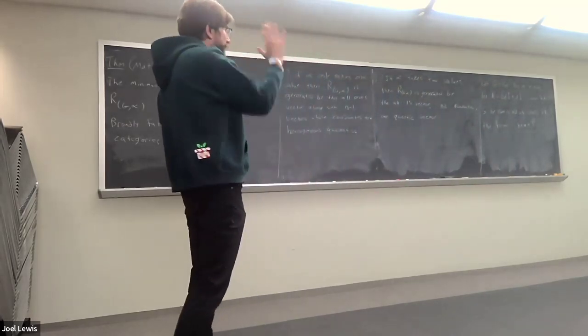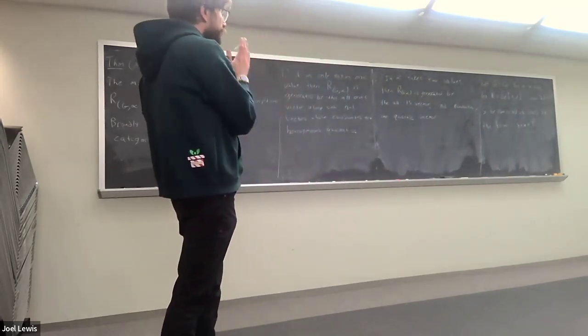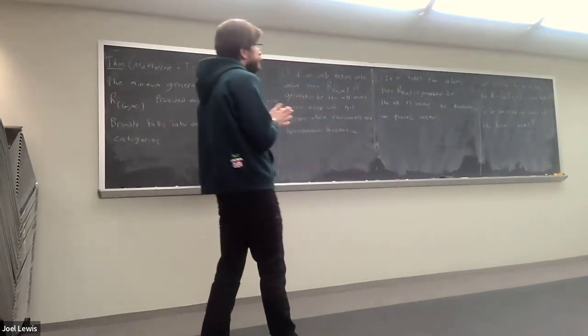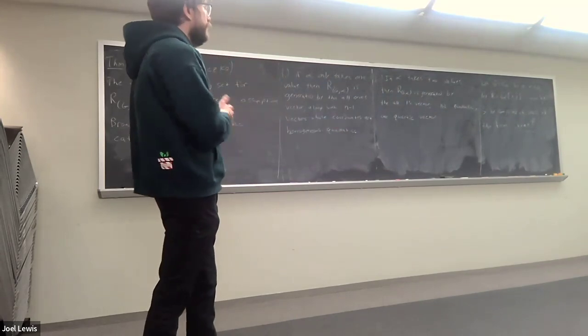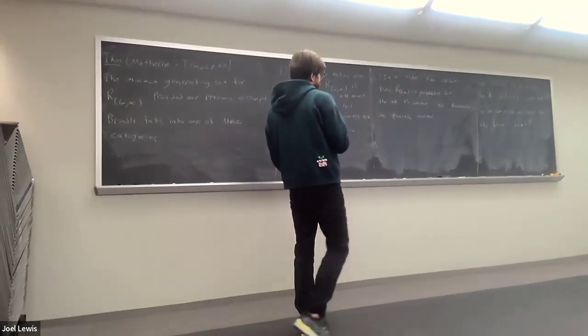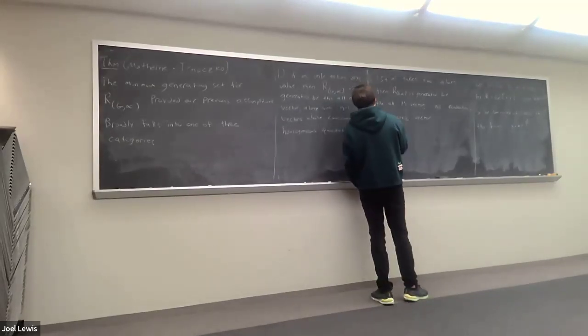So if you have your cycle and you're allowing for two distinct edge labels on your cycle, then the splines are going to be minimally generated by the all ones vector, n-2 vectors which are quadratic in every coordinate, and one vector that's quartic in all the coordinates.